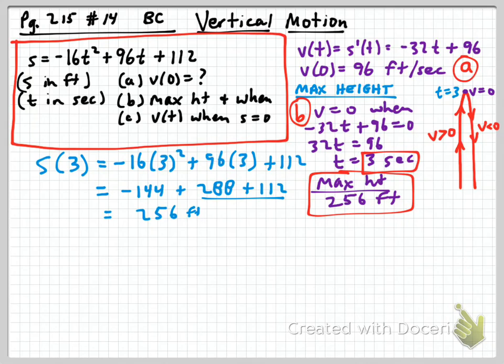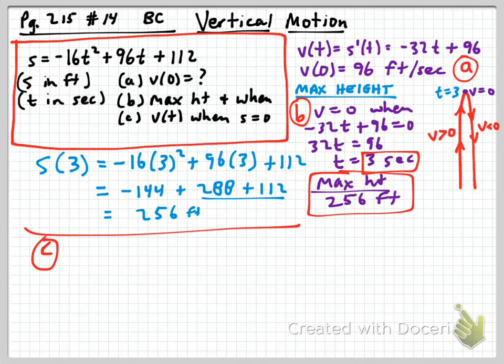All right, and then there's one more part, and that one more part would be the velocity when s is equal to 0. Okay, well, when s is equal to 0, it means that the position is equal to 0, and we have to know what time that is. And so this is a good time to have our calculators that have that quadratic formula program.